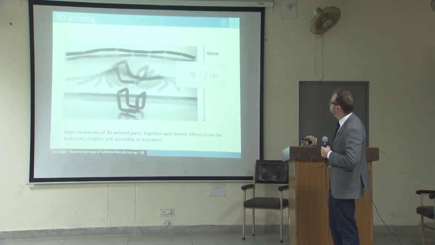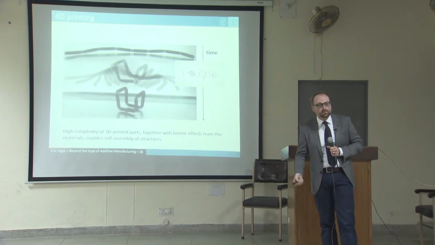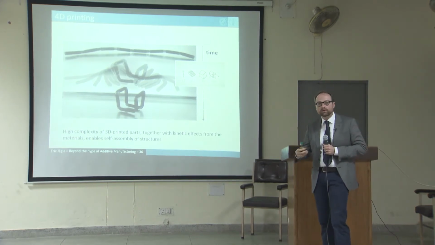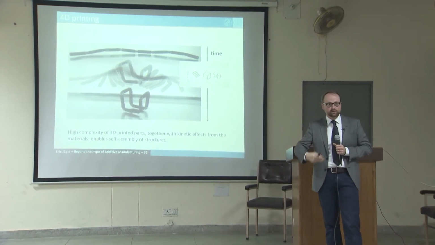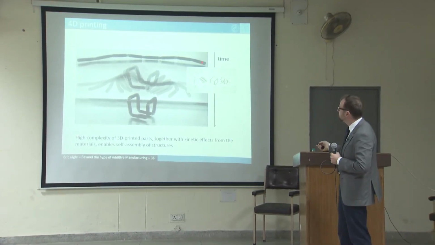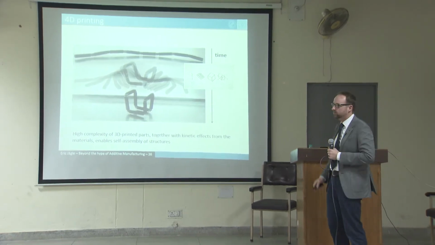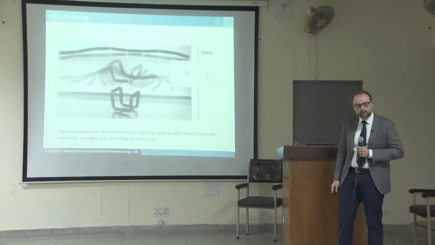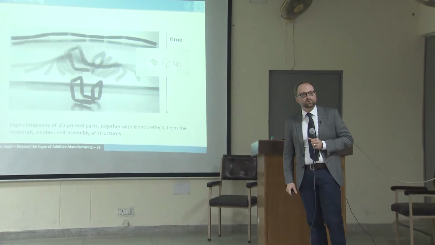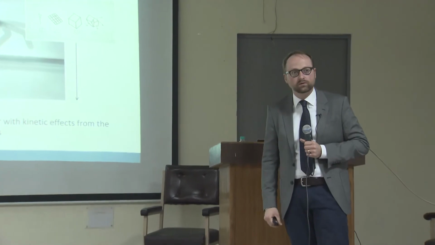Maybe you soak it in water, or maybe you heat it up. Maybe it's a shape memory alloy, maybe it's a polymer that stretches when it takes up humidity. Anything like that you can use to print a structure such that it is pre-programmed to form later a different structure. So again, I'm not sure what the applications of that will be, but it's definitely an interesting concept to toy around with, I would say.